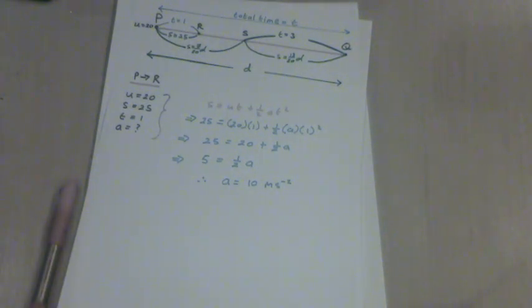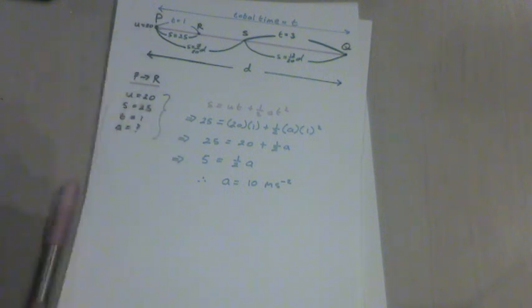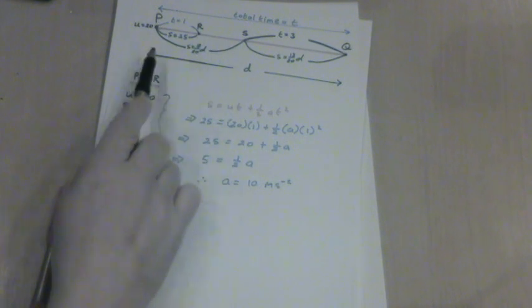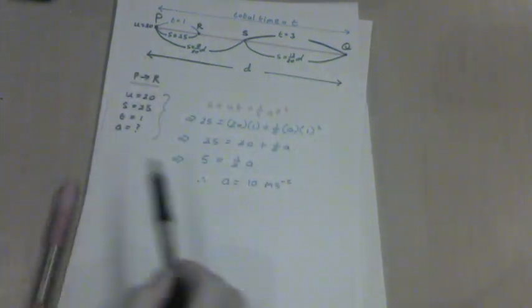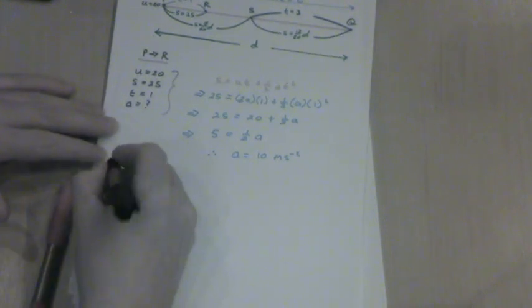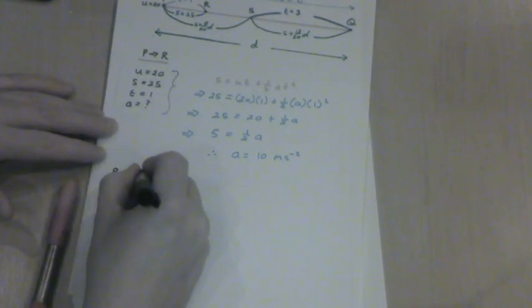Next, if we travel from P to Q, we know the initial velocity is 20. We're calling the total time t and the total distance d, and we know now the constant acceleration is 10.